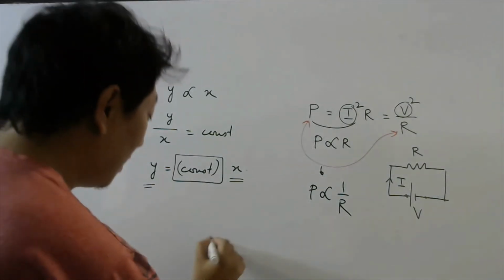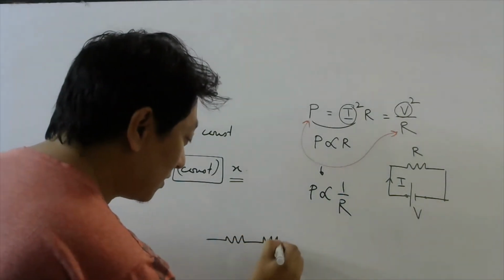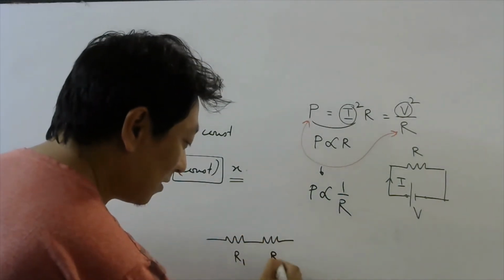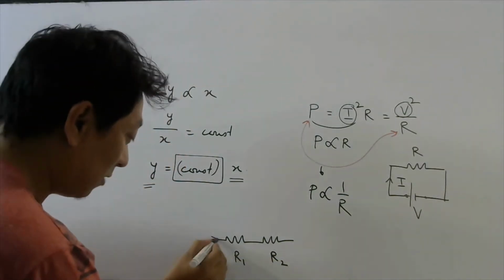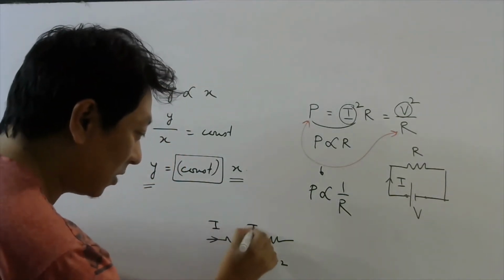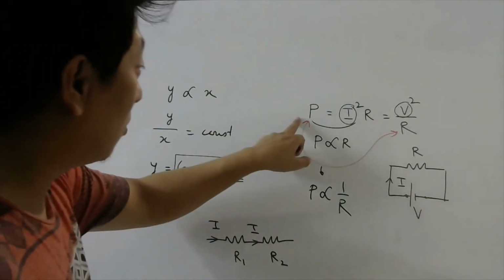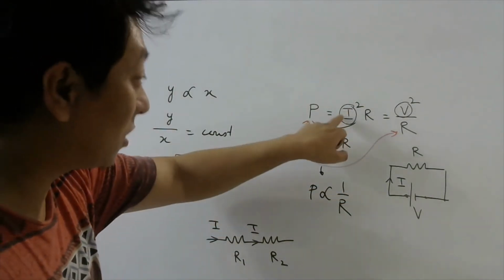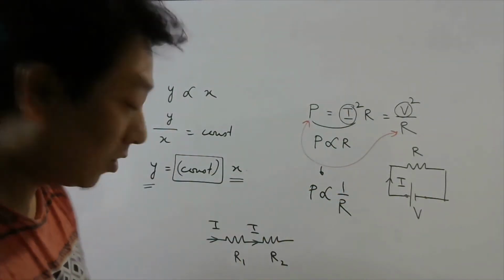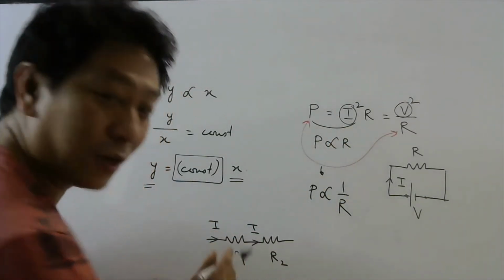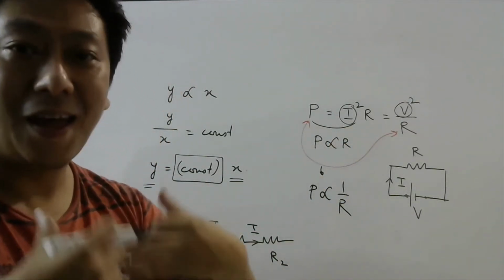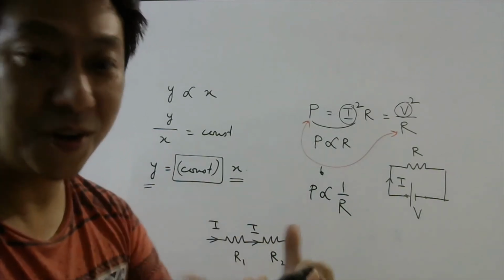For example, if you put two resistors in series, then you know that current will be constant. So in that case, you must say power is proportional to R because current is constant. Therefore, the one with more resistance will consume more power and therefore it will glow more.